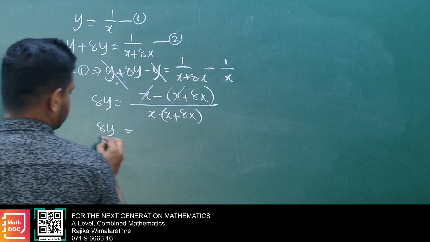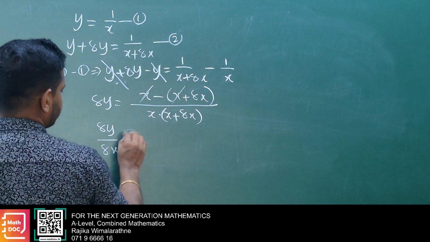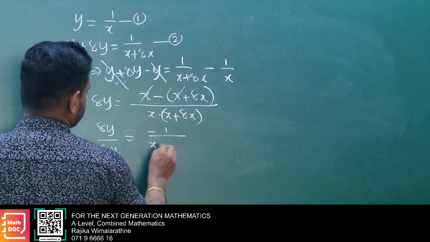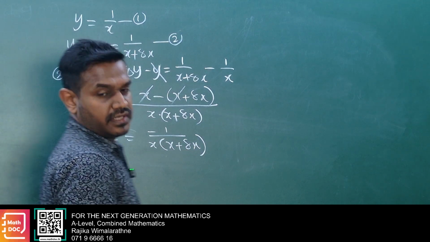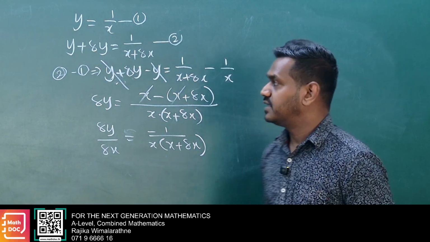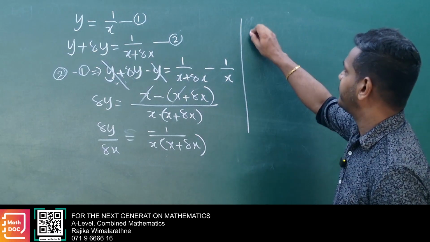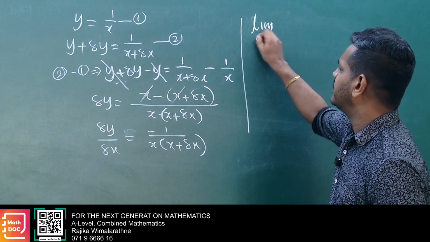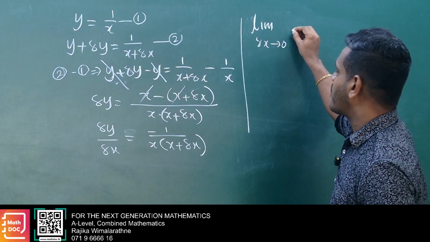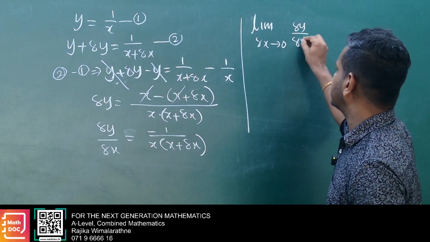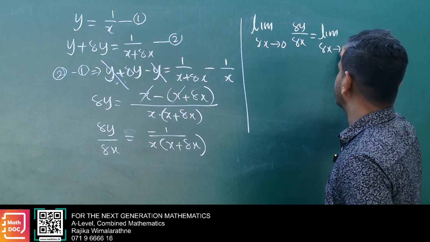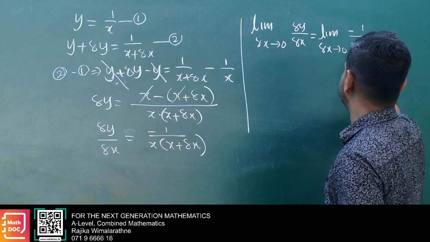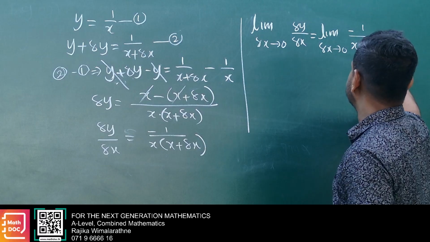Minus delta x. Now divide by delta x. Here it is now. Now put the limit. Limit delta x goes to 0 of delta y over delta x, equals limit delta x goes to 0 of minus 1 over x times x plus delta x.